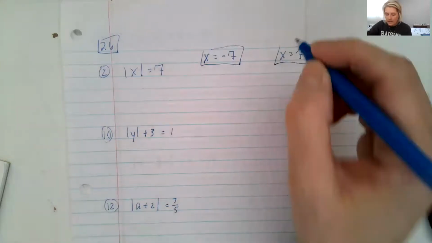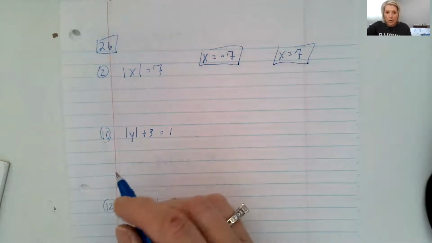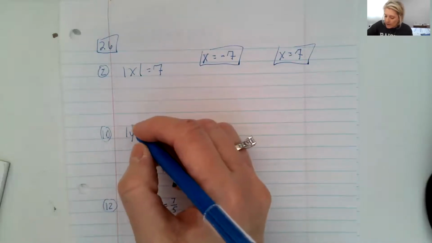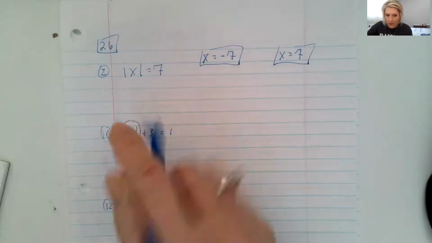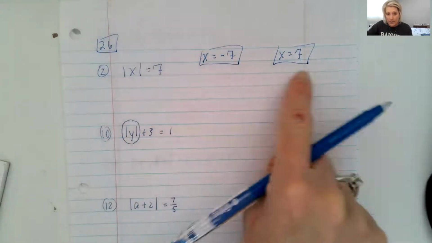Similar to solving a regular linear equation or even a quadratic equation with an x squared, the first goal is to get the absolute value piece alone, and then we can evaluate like we did here in number 2.